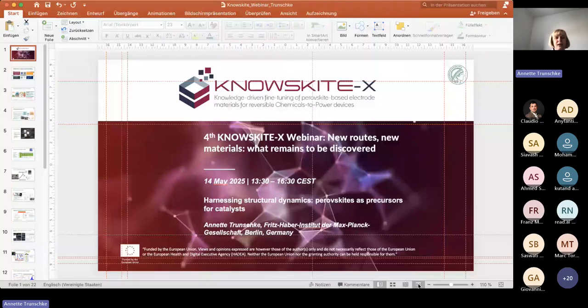So you find a formal reduction of this perovskite on the surface. So you have more oxygen defects here at the surface. And also manganese 2+ is enriched on the surface.